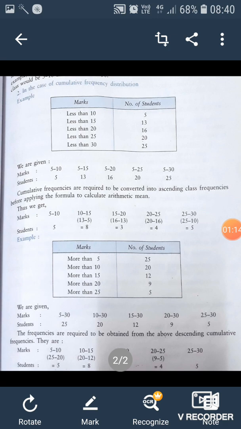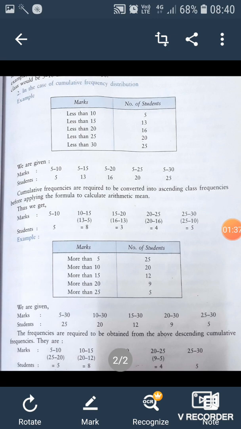Then for the interval 15 to 20 we will do 16 minus 13 and we will get 3. So for each interval we will subtract the value of the previous interval. In this way we will get the frequency.